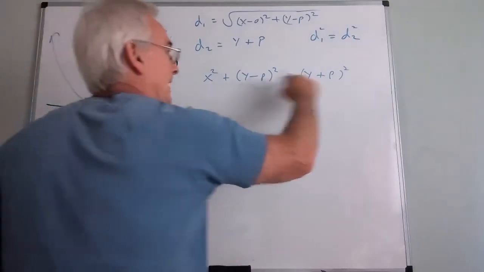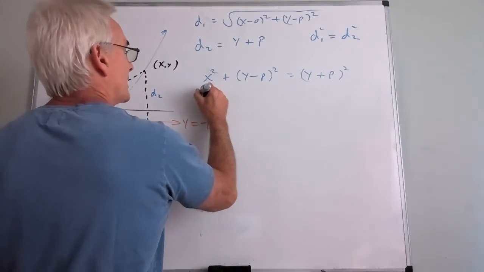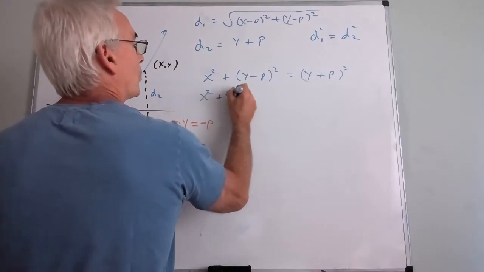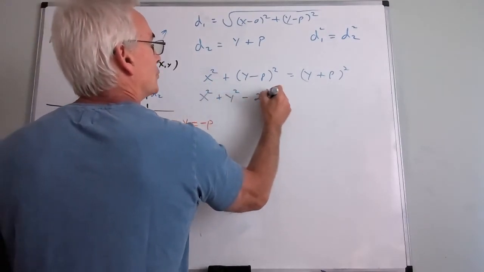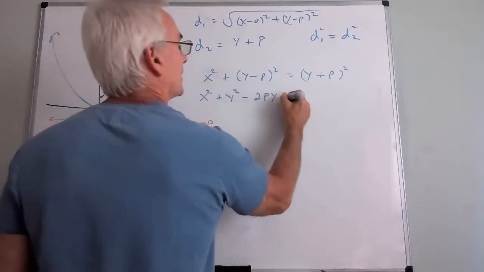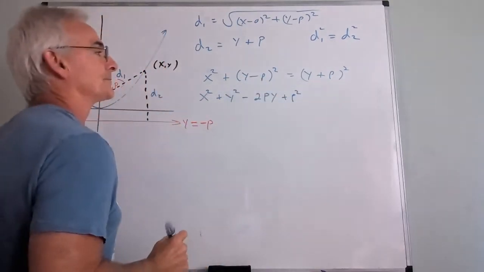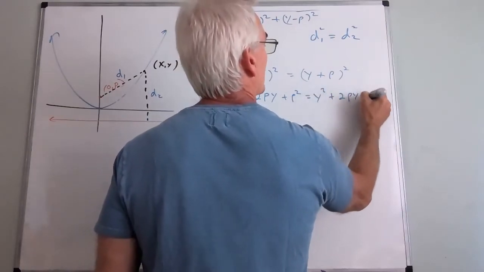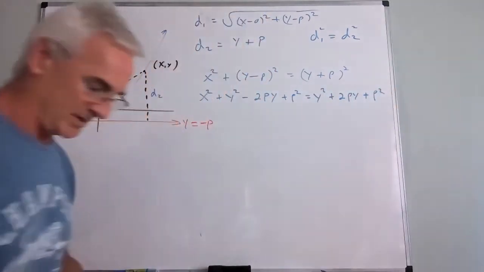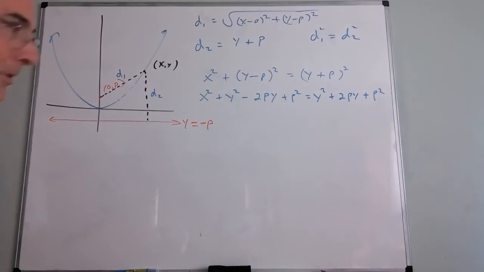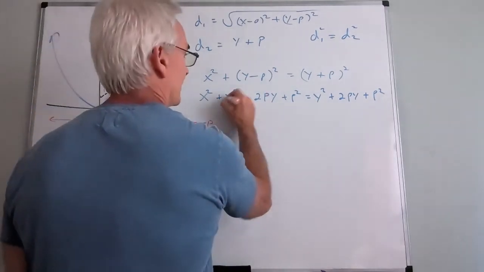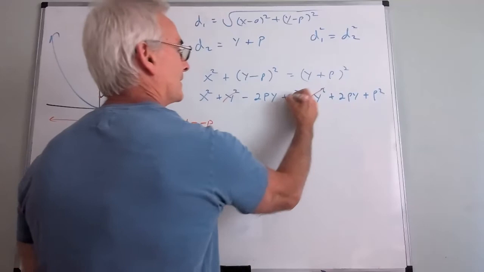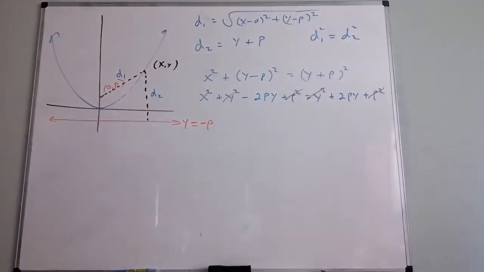So let's go ahead and expand both of these. On the left side, I have x squared plus y squared minus 2py. P is a constant, plus p squared. On the right side, I've got y squared plus 2py plus p squared. Does anything cancel? Oh, yes. Boom. Wow, what does that leave?